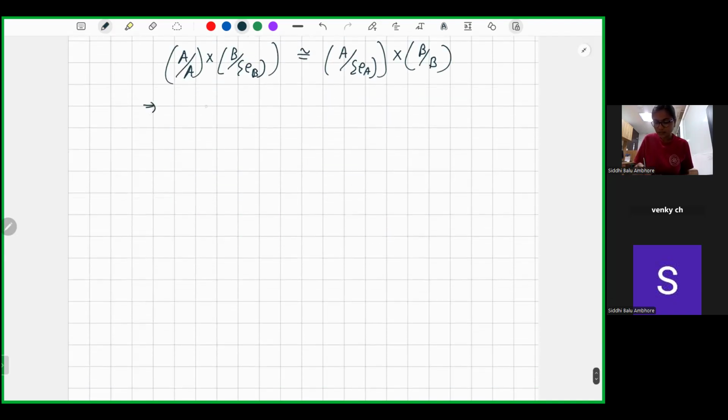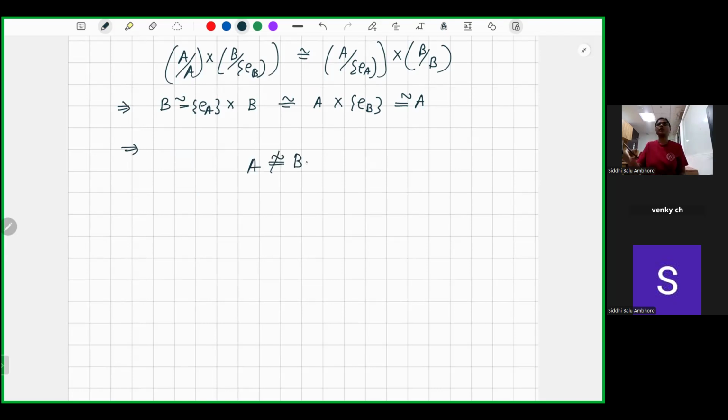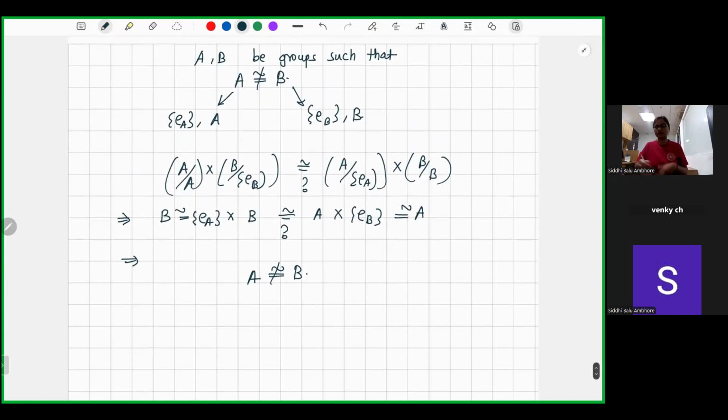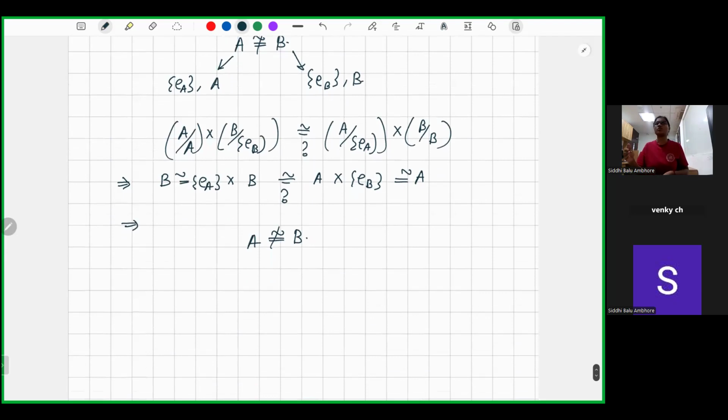And this is EA quotient B, isomorphic to A cross EB. And since A is not isomorphic to B, you can see this is isomorphic to A and this is isomorphic to B, but A is not isomorphic to B. You can check this; we are checking whether A is isomorphic to B or not.